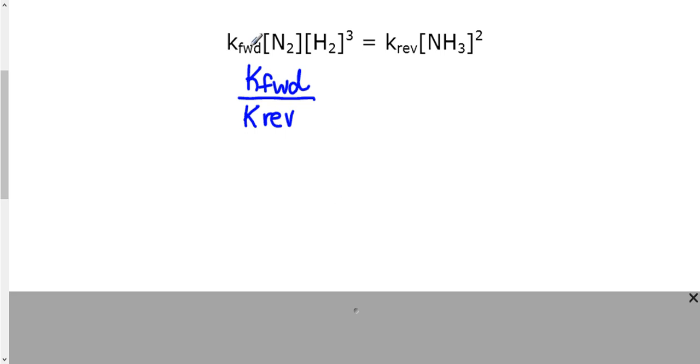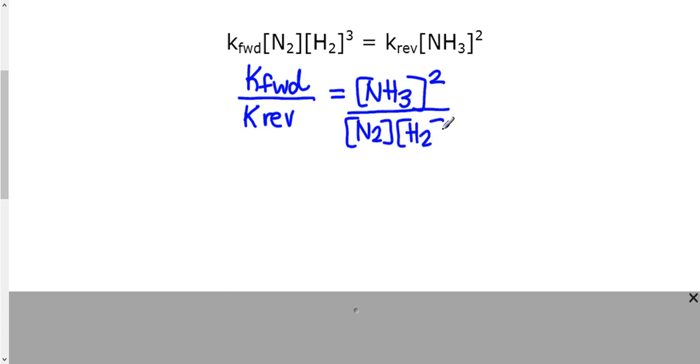So now we've got our rate law constant on the top, and now we have our rate law constant on the bottom for reverse. On the other side of the equal sign, we're going to put everything in concentration. Since the ammonia is already there, we're going to leave it. And now we have to move our nitrogen and hydrogen from the numerator, and they're going to come down and go in the denominator. Everything else with it stays the same, all of the exponents.